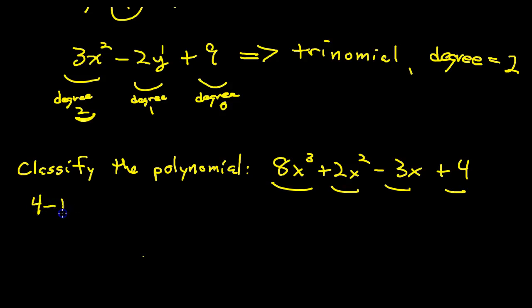I'll call this then a 4-term polynomial. And what's its degree? Well, remember the degree of the polynomial is the degree of the highest degree monomial it contains. This first term has degree 3.